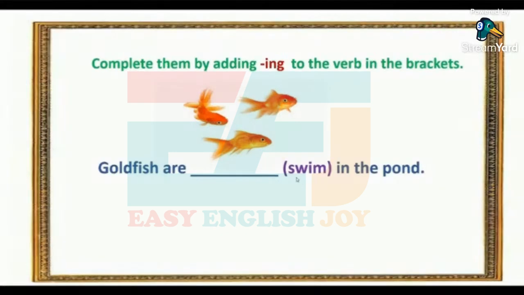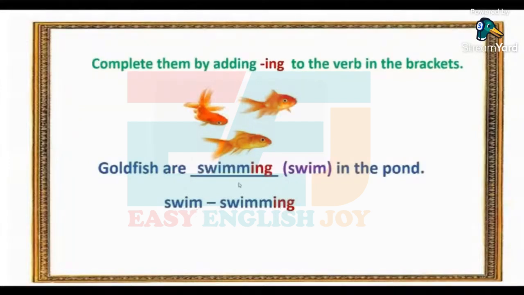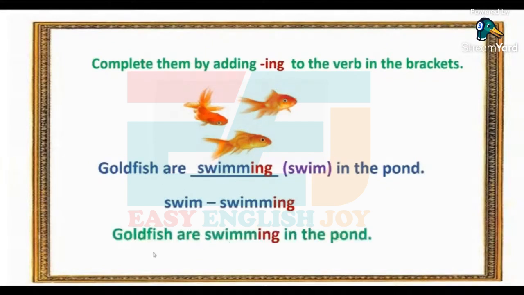Goldfish are. So the verb inside the bracket is swim in the pond. So we double letter M before adding ing. So swim becomes swimming. Goldfish are swimming in the pond.